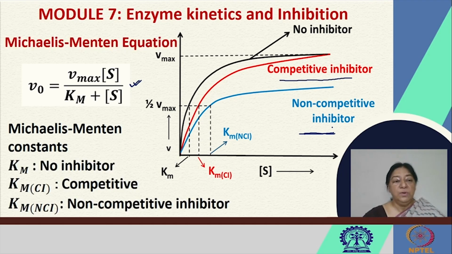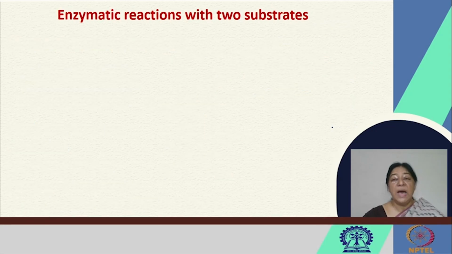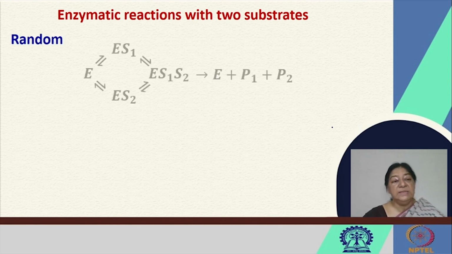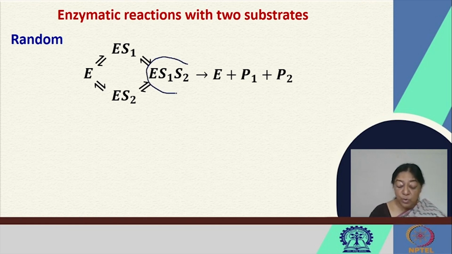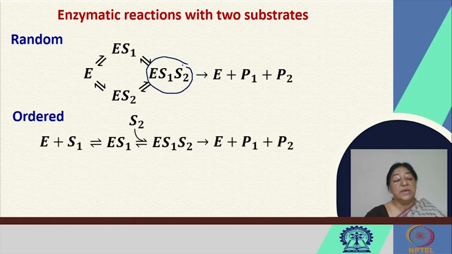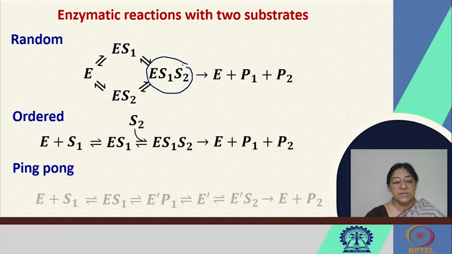And when we looked at the specific Michaelis-Menten kinetics, we also had the possibility of two substrates being present. In this case, there could be random binding where we form a ternary complex with the formation of products. There could be specific ordered binding, the binding of one substrate then allowing an enzymatic conformational change to allow the binding of the second substrate, and a ping pong mechanism.